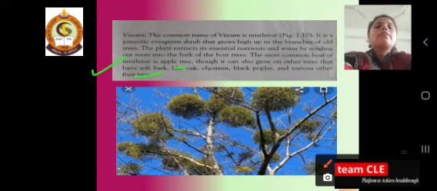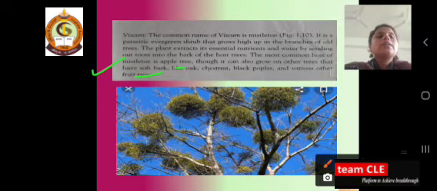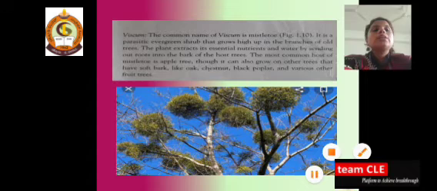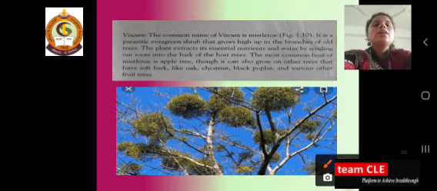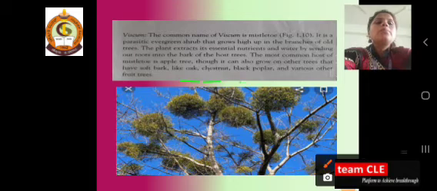Other examples of hosts for Viscum are oak, chestnut, black poplar and various other fruit trees.